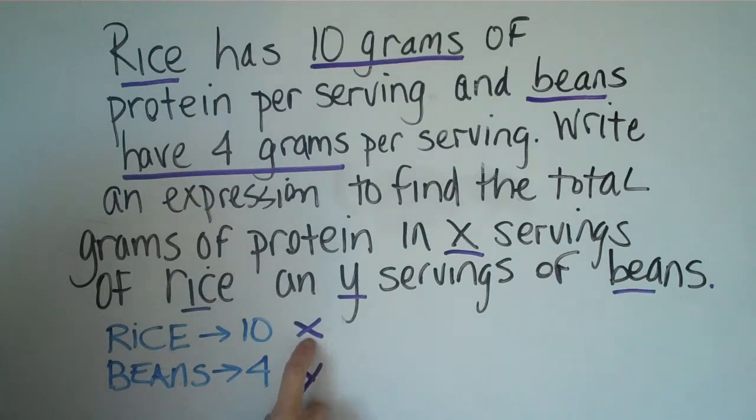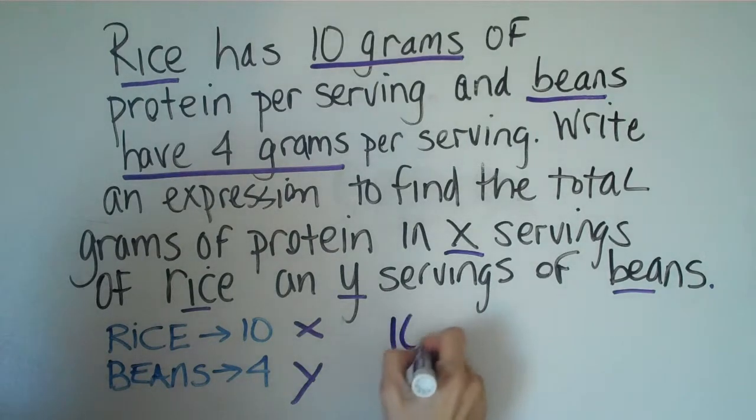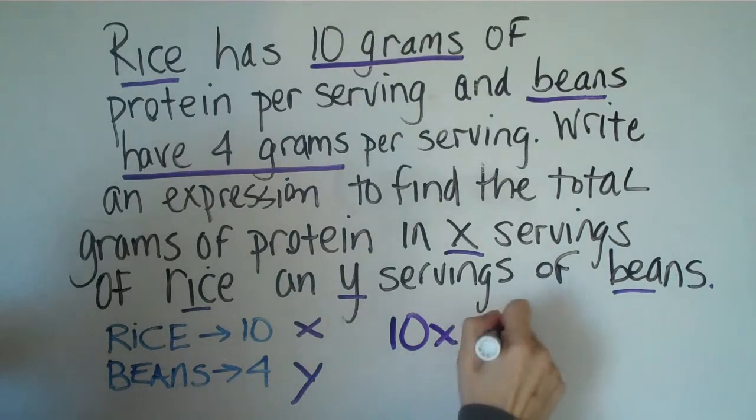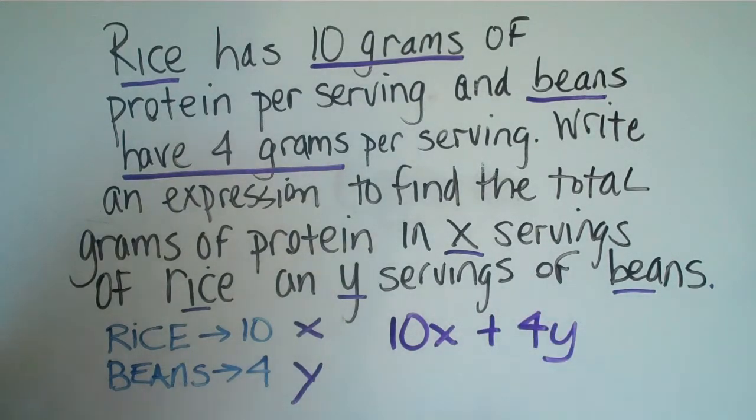Here we have X servings of rice with 10 grams of protein in each serving, so it would simply be 10X. Now we have Y servings of beans with 4 grams of protein in each serving. So it would be 10X plus 4Y. And that would be our expression for X servings of rice plus Y servings of beans.